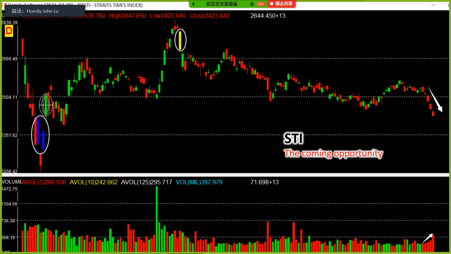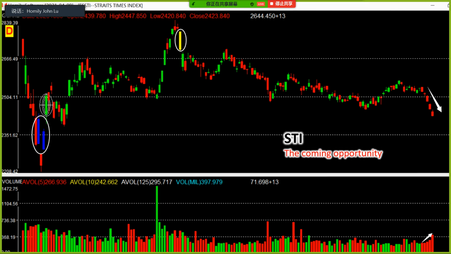So I think this is the second chance this year, because the first chance was around late March after the drop because of COVID-19. This time it also dropped because of worry about the election, about COVID-19, and other things. So I think it's another opportunity. We must grasp this opportunity based on our Homely indicators, blue Taiji and 10 black hole. I hope you can understand what I mean and follow the rules to get the opportunity.